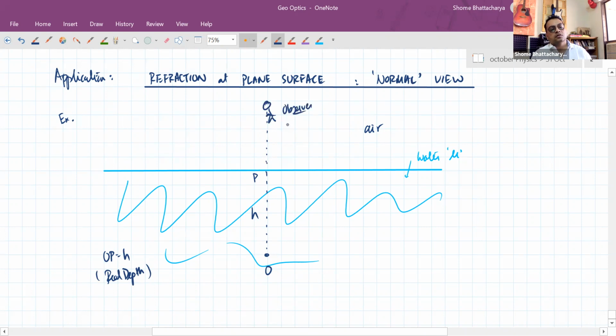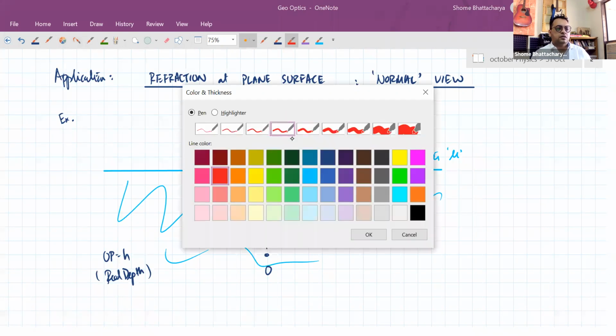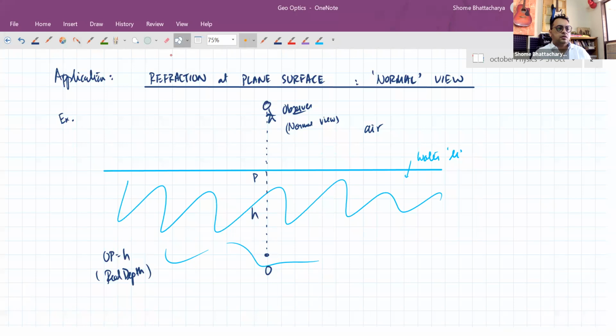Observer, he's having the normal view. That means he lies along the normal. Now, of course, there will be one ray which goes exactly along the normal and it is undeviated. But one ray is not enough to produce an image. So we need to imagine a second ray which is very close to this one.